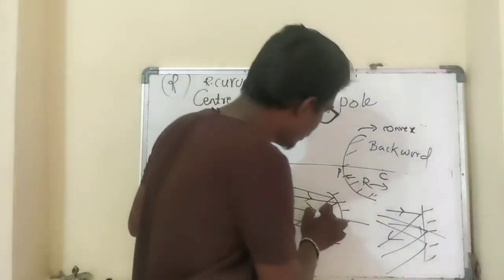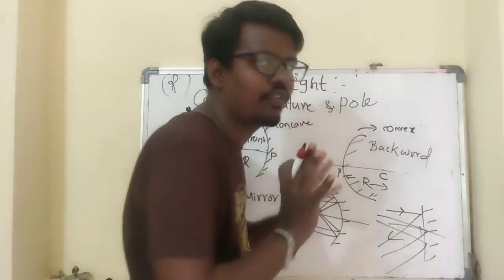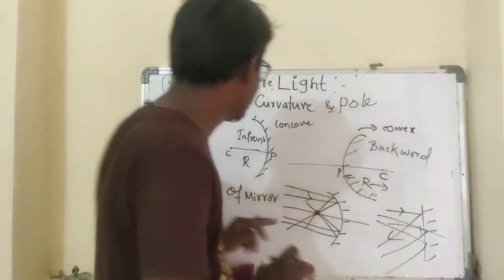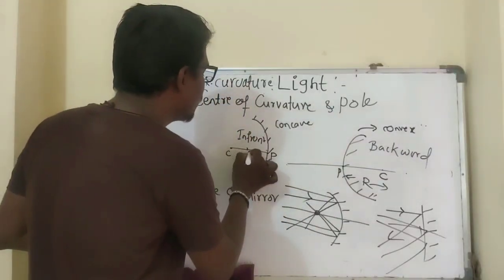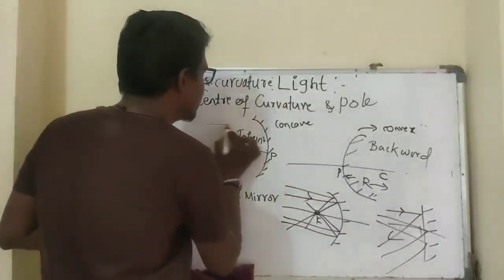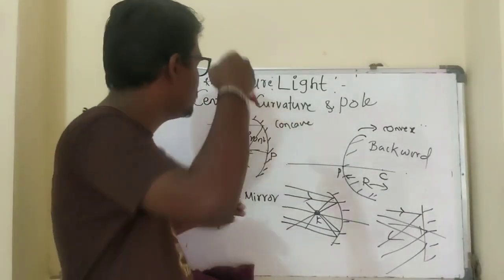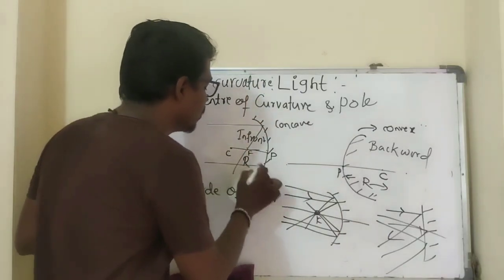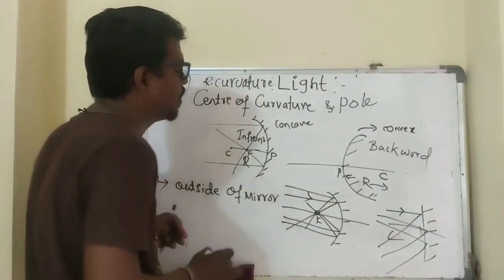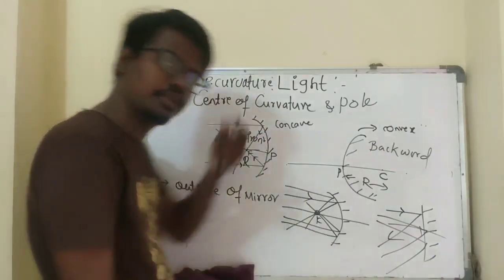So this point of meeting in a concave mirror after reflection of all rays is called the principal focus. The incident rays after reflection meet at a single point, and that point is called the principal focus.